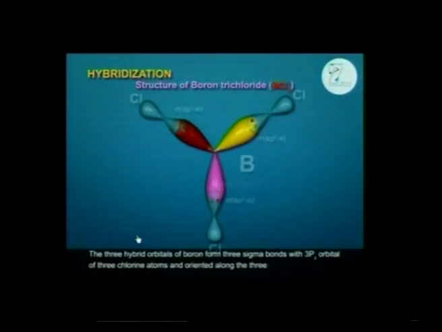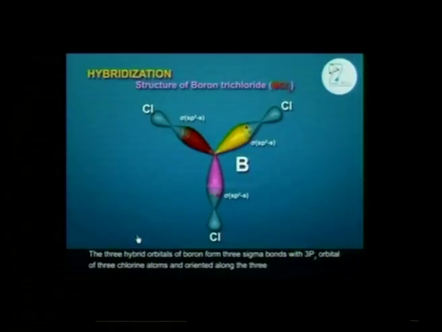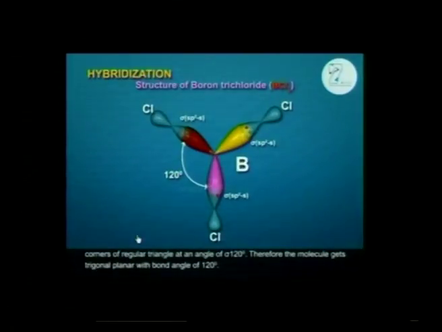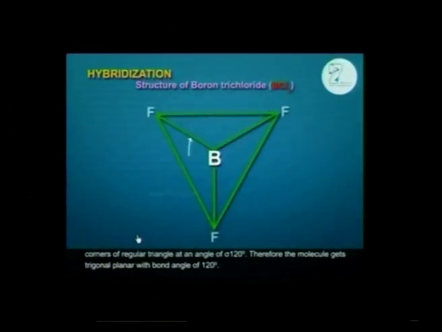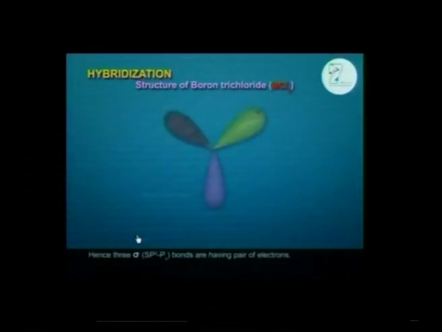And the 3 hybrid orbitals of boron form 3 sigma bonds, each having a single electron. Observe here, the bond angle is 120 degrees, and the shape of boron trichloride is trigonal planar. Are you getting my point?